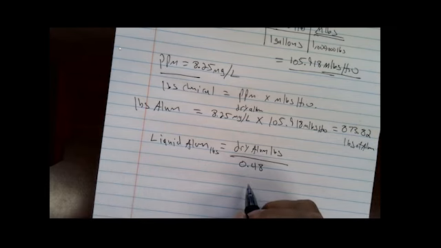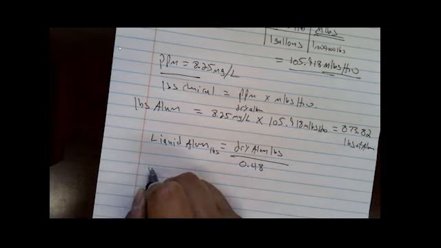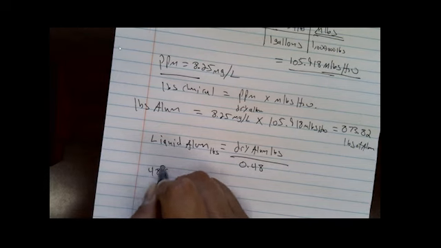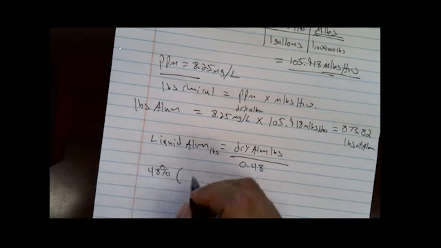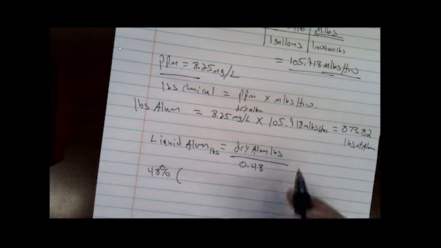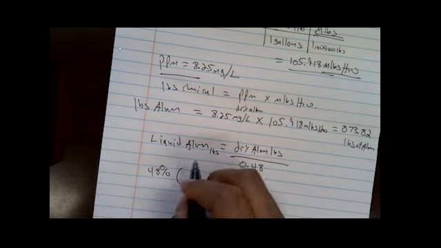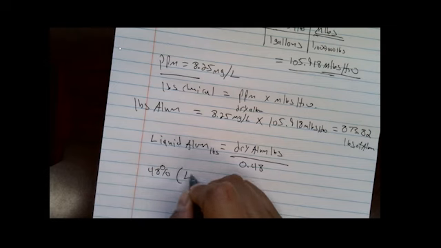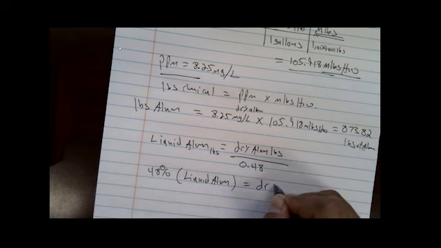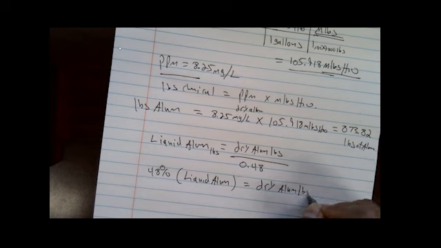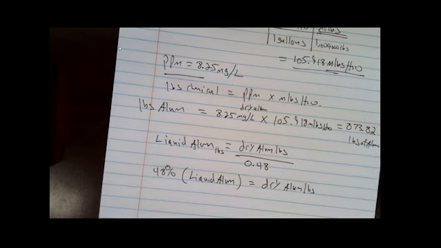What does that mean? That means that 48% of the liquid alum is the dry alum, right? That's basically looking in terms of purity. 48% of the liquid alum is the dry alum in pounds, right? That's basically what it's saying.